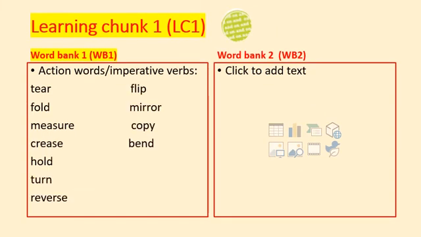Okay, how did you get on? I've added some more to my Word Bank 1. So I've added measure, crease, hold, turn, reverse, flip, mirror, copy, and bend. And I'm going to leave this slide up for you.